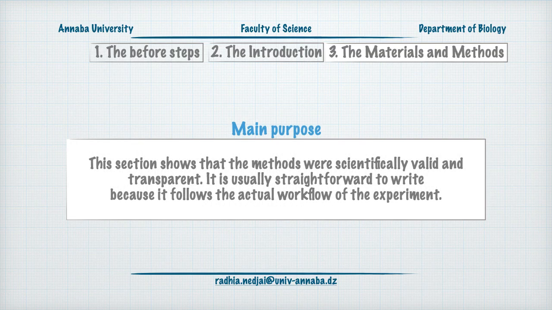The main purpose of this section is to show that the methods were valid and transparent. And it's usually straightforward to write because it follows the actual workflow of the experiment.